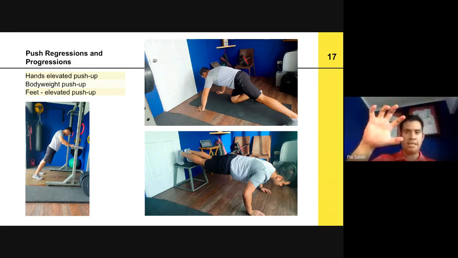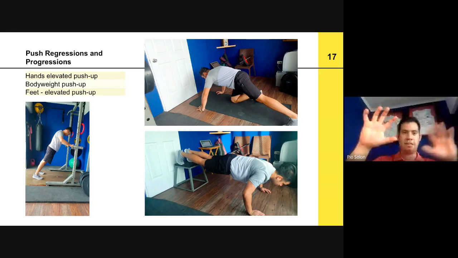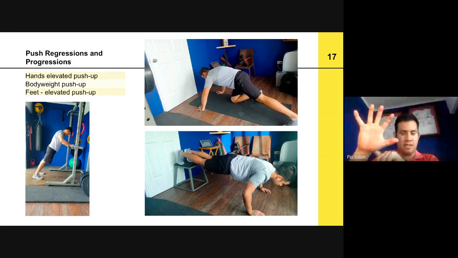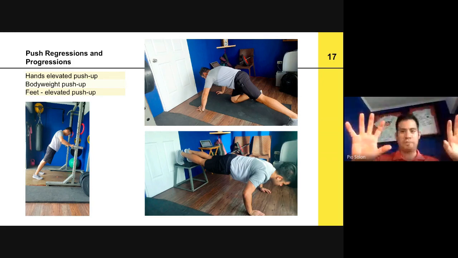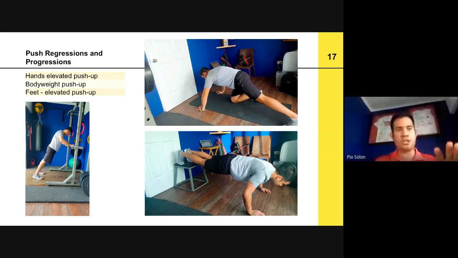What happens there is that motion of gripping strengthens the wrist and decreases the likelihood of injury. So whenever you have any exercise on the floor, on your hands, crawling, push-up, whatever, grip the floor with your hands.